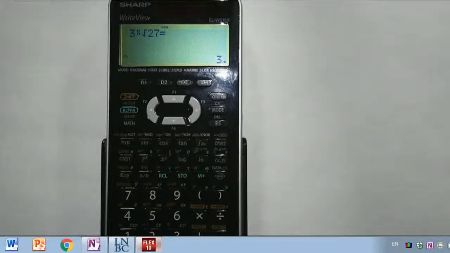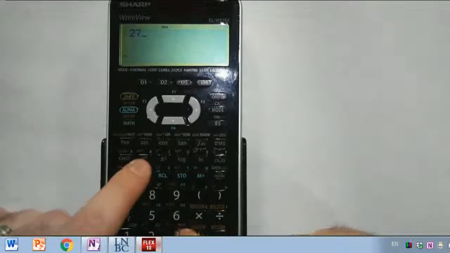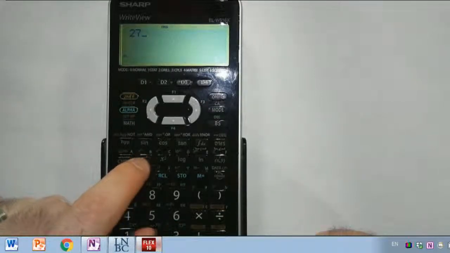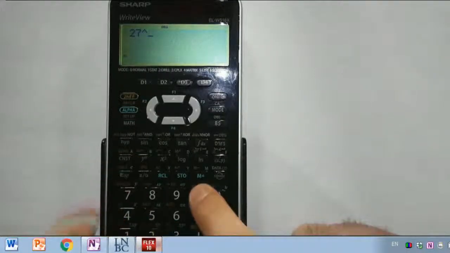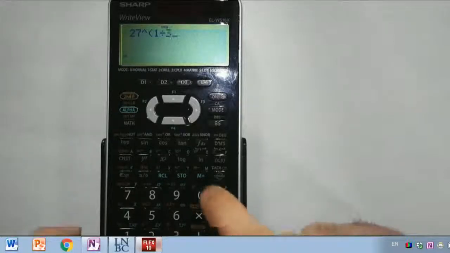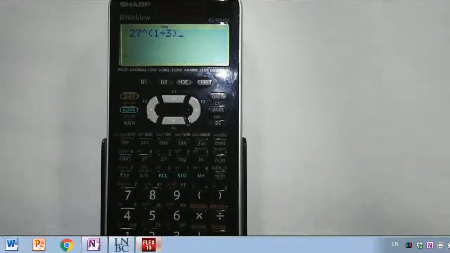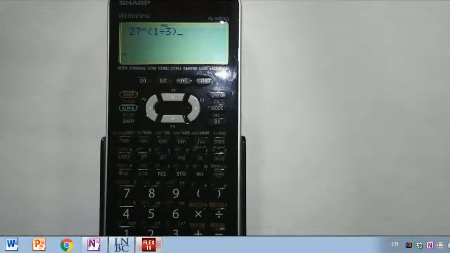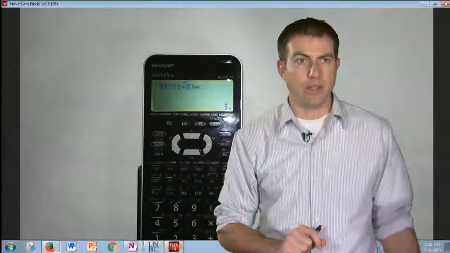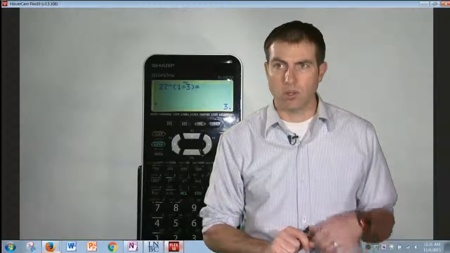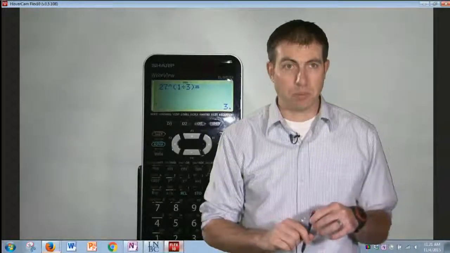If you have a TI-83, Jade, then you're going to use the hat. Unfortunately, there's no easy way to do it on the TI-83. So Jade, you're going to go 27 hat. Mine is an x to the y button. And then 1 divided by 3. So third root. And then you should end up with 3 there. So Jade, yours is going to be the little hat.